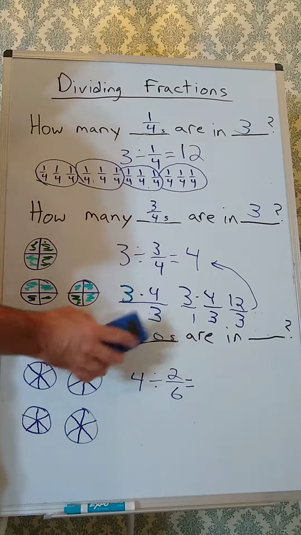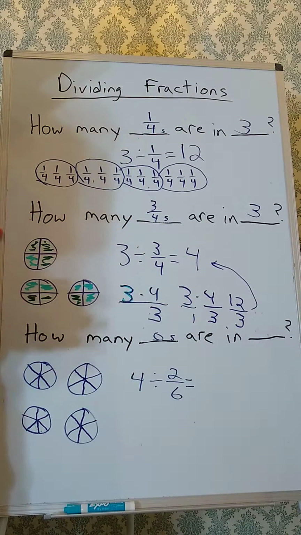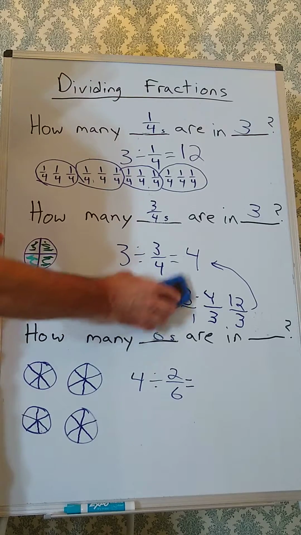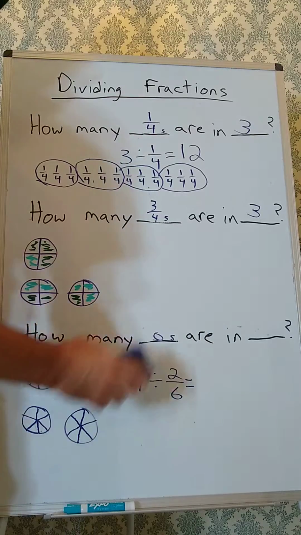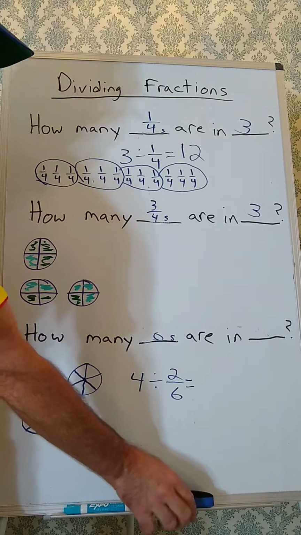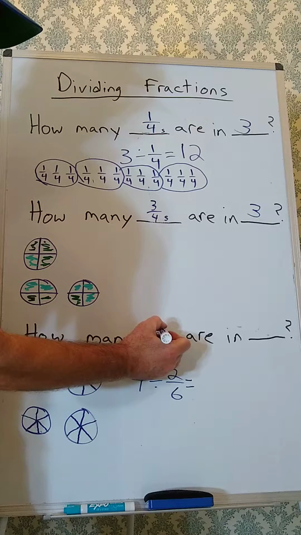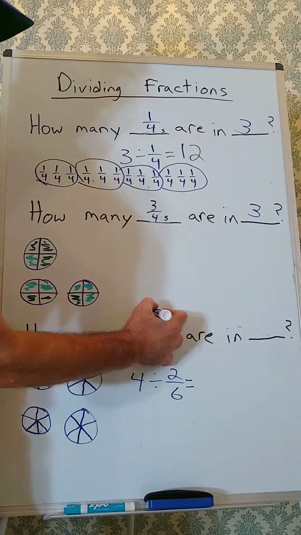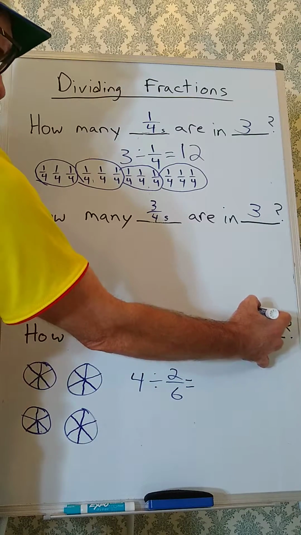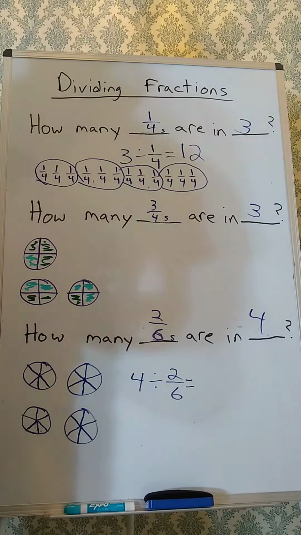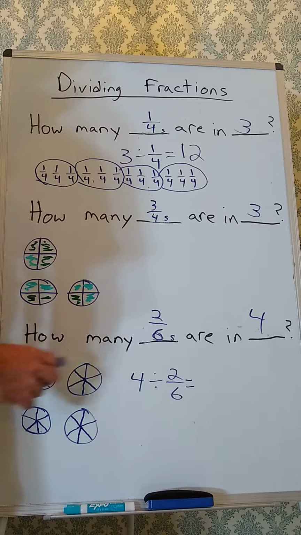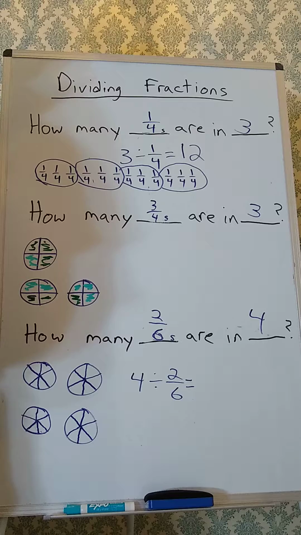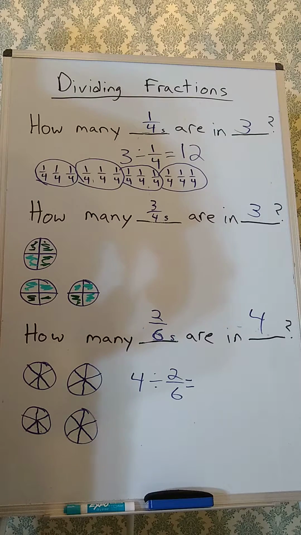Let's take another look at that with 4 divided by 2/6. So what is that asking? Well, it's asking the question, how many 2/6 are there in 4? Well, here we see, let's say, 4 pizzas again, and each one's divided into sixths. And let's say this time each person's going to get 2/6 of a pizza.